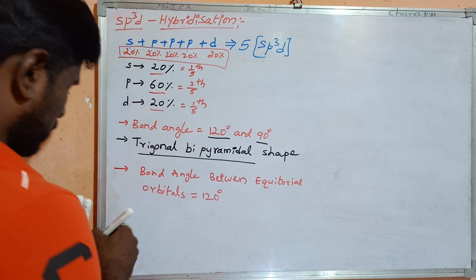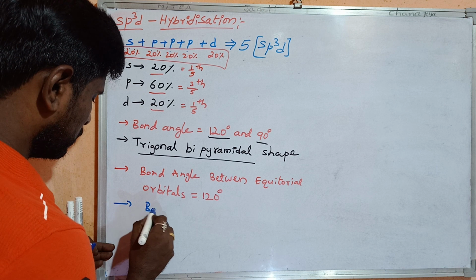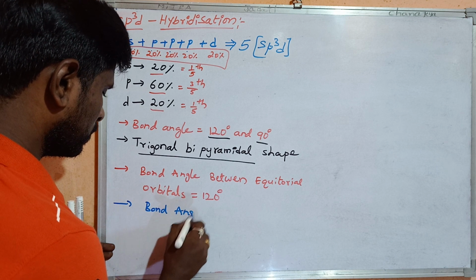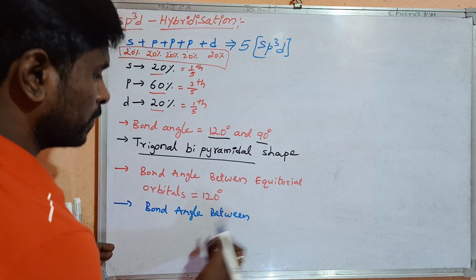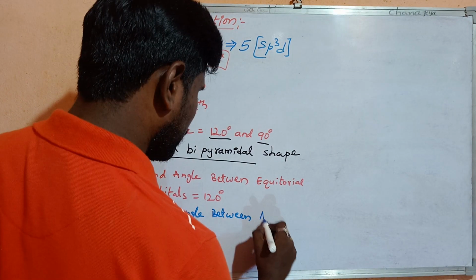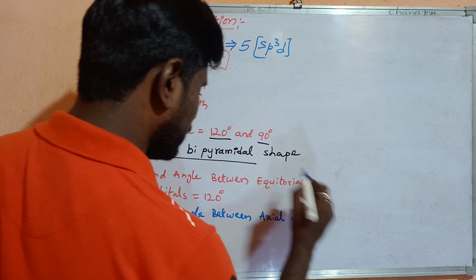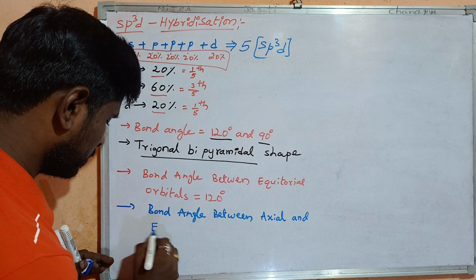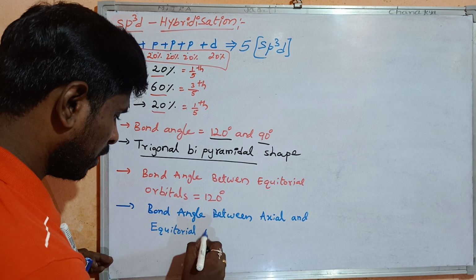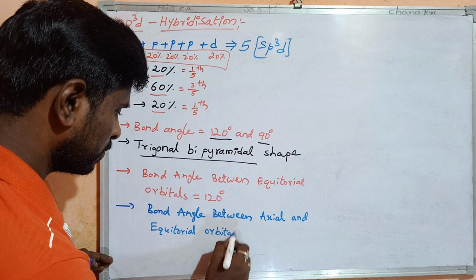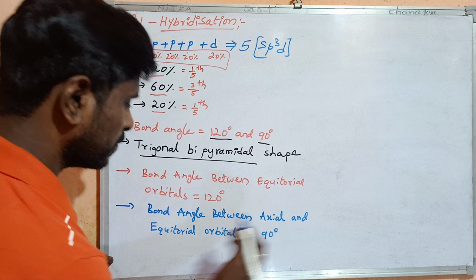Next, the bond angle between axial and equatorial orbitals is 90 degrees.